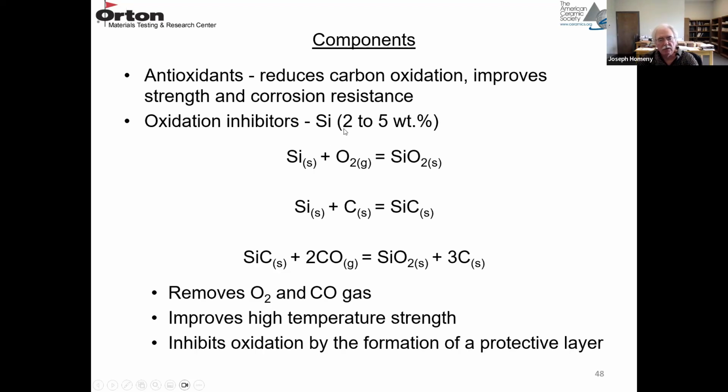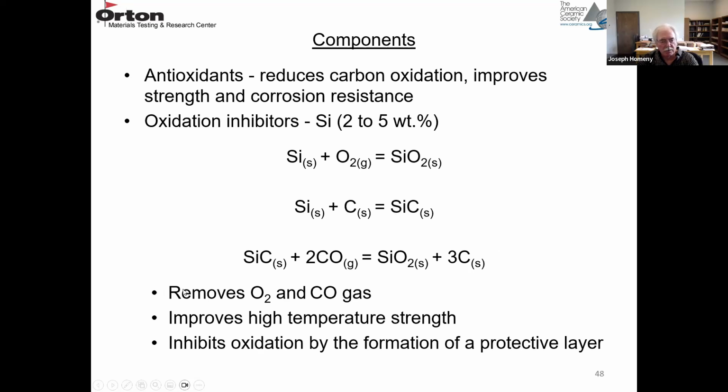Silicon metal is usually added 2 to 5 weight percent. So Si plus O2 forms SiO2. Si plus carbon can form silicon carbide. And the silicon carbide can react with the carbon monoxide to form SiO2 and more carbon. So you can form silica, silicon carbide, and carbon.